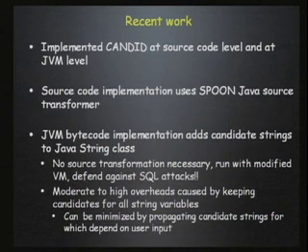The original paper describes the CANDID implementation at the bytecode level, but since the transformation was extremely simple, we implemented CANDID at both the source and JVM levels. Each of these levels has its own advantages. For instance, what we did with the JVM was to have a candidate string for every string in the program, not just user inputs.